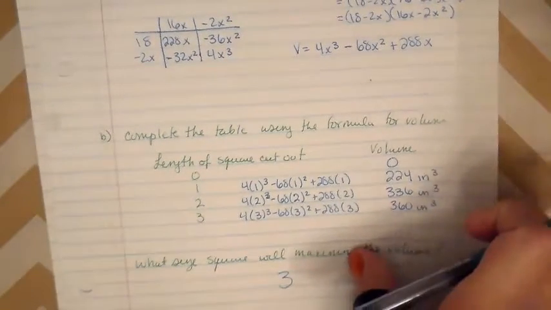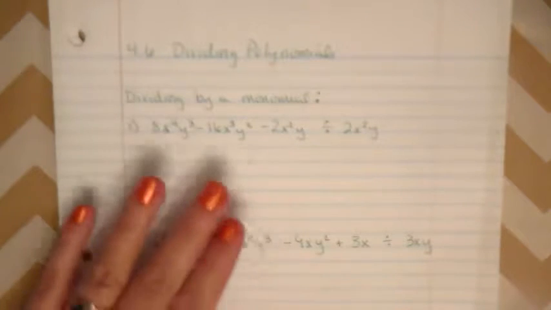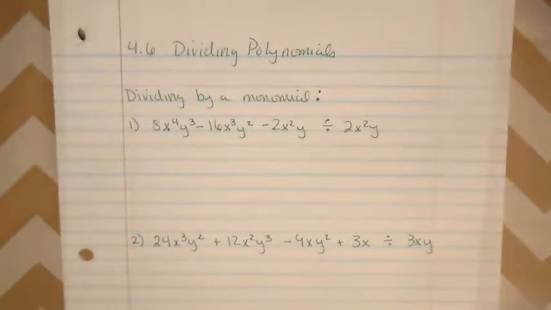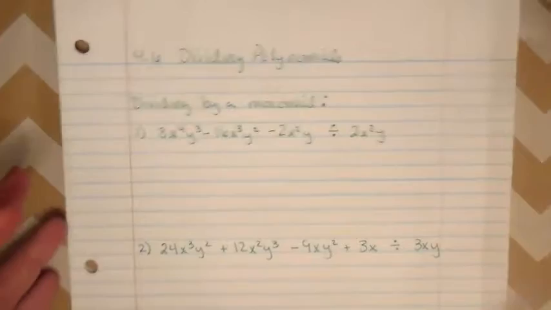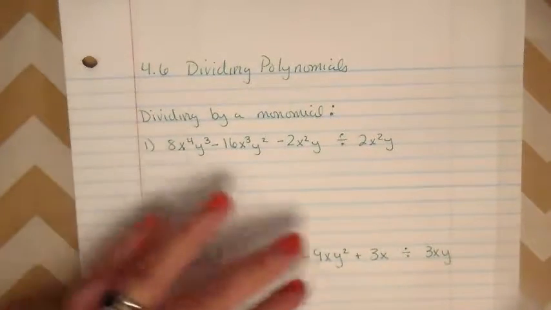Okay, well, we've multiplied polynomials. So the next thing to do, sorry about that, is to divide polynomials. So dividing by a monomial, we're going to do this as a fraction.